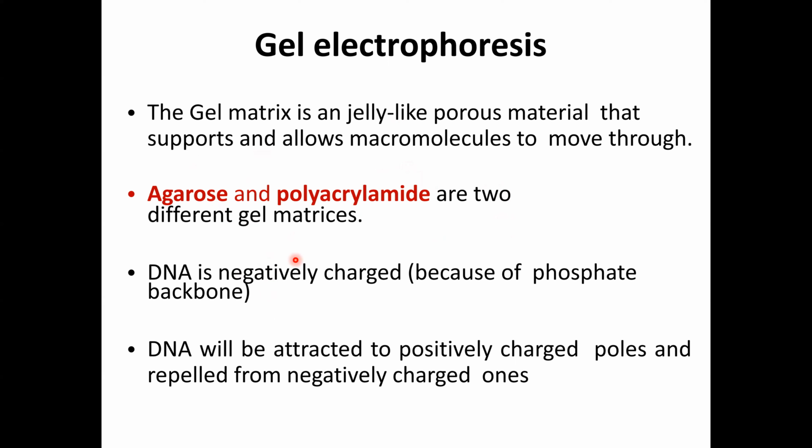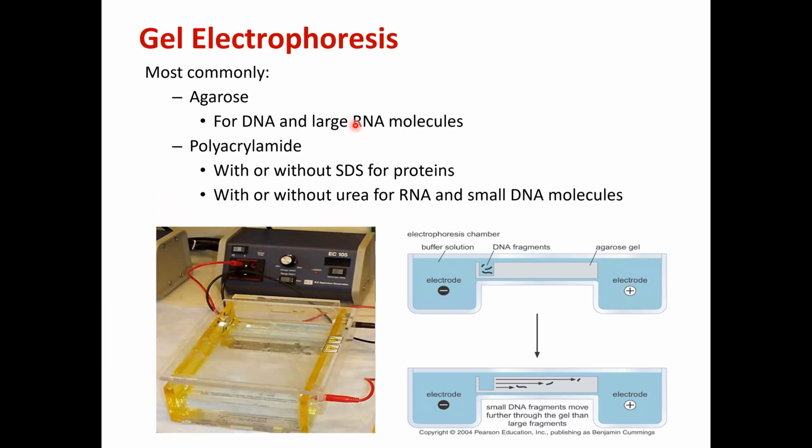We all know that DNA is negatively charged because of the phosphate backbone. The DNA will be attracted to the positively charged pole and repelled from the negatively charged one. Most commonly, we use gel electrophoresis matrices for DNA.